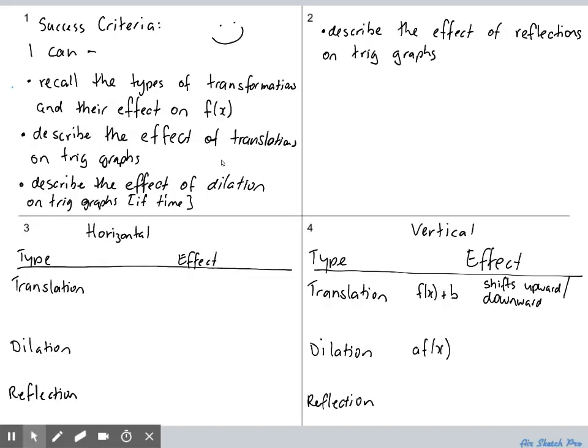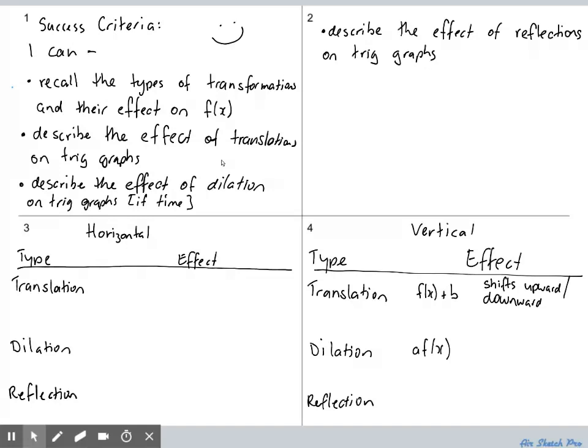And what is the effect of a dilation? It stretches. Is it going to stretch away from the x-axis, or away from the y-axis?